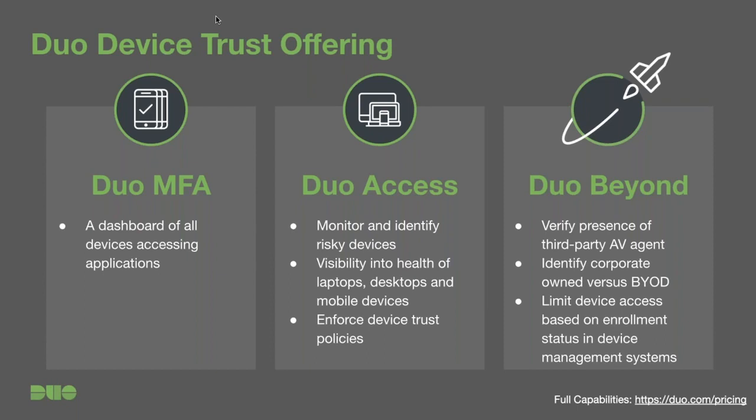Checking for those other agents and doing policy based on that is a part of the highest tier edition, Duo Beyond. With that, I'm going to turn it over to Jenny to dig in a little bit deeper on some of these features.